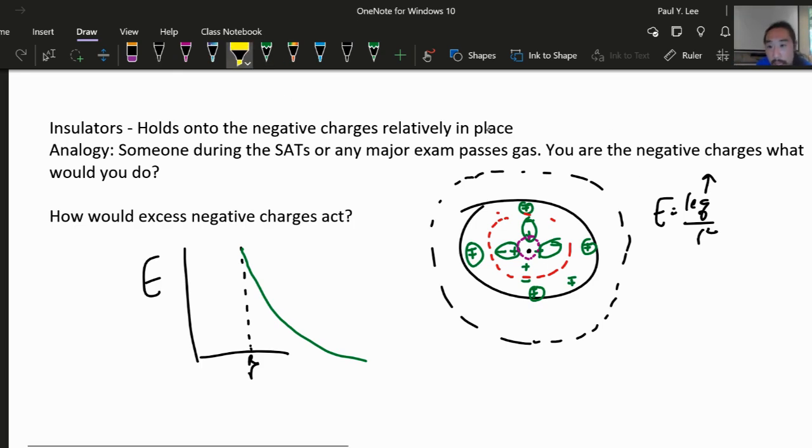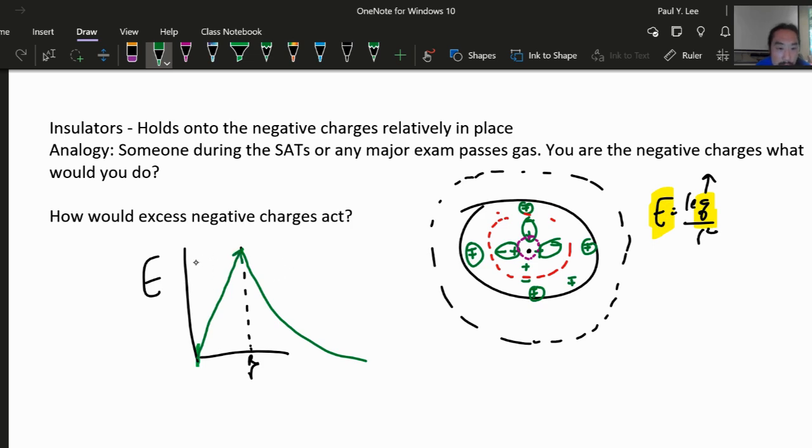And because E and Q are directly proportional, and it's a linear proportionality here, what we get is this really cool effect where the E field, as you expand out from the very middle of the charge to the very outside perimeter of that insulating object, we get a linear relationship.